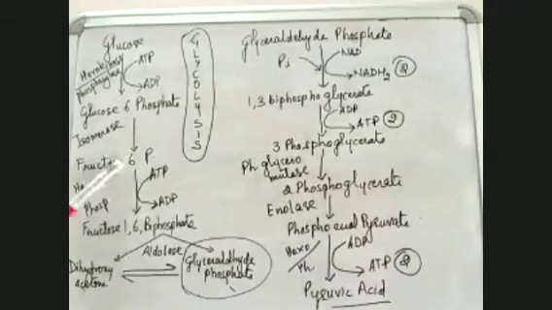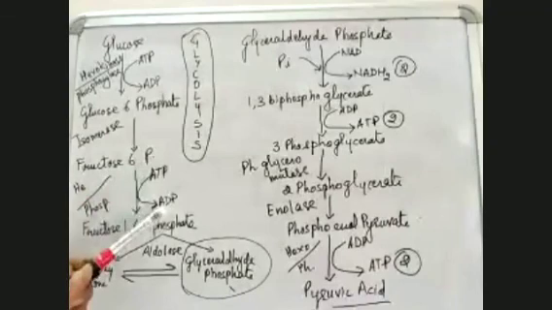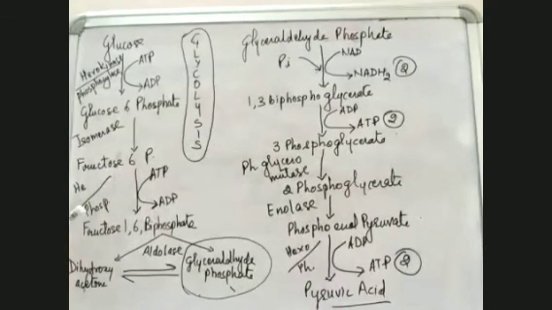Again, this fructose 6-phosphate utilizes another molecule of ATP, which gets converted into ADP, and under the action of the same enzymes, hexokinase or phosphorylase, gets converted into fructose 1,6-biphosphate, which undergoes splitting under the action of aldolase. It gets broken down into dihydroxyacetone and glyceraldehyde phosphate.